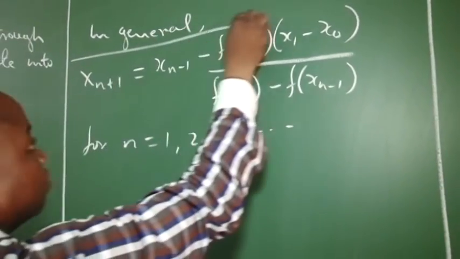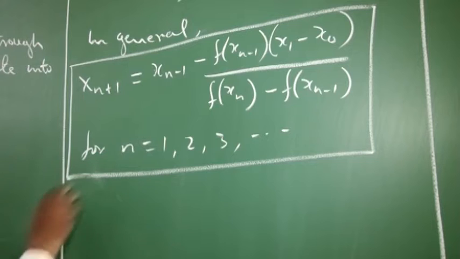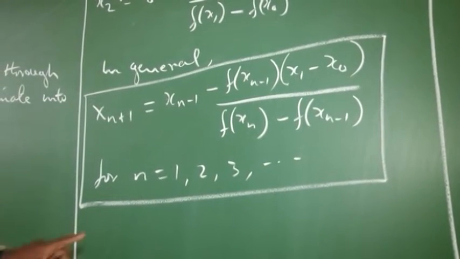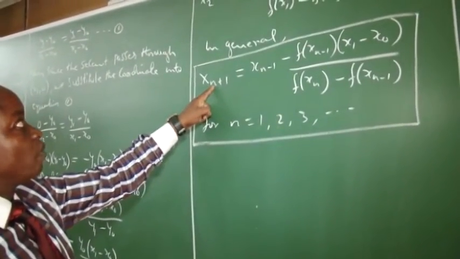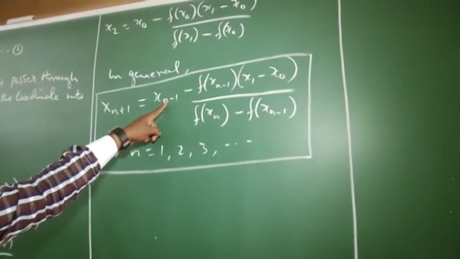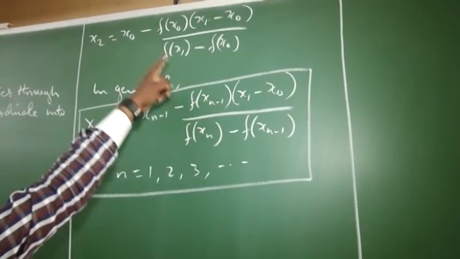So this becomes the second formula for iteration. N starts from 1, 2, 3. So by the time we have n is 1, we come back to x2. When n is 1, we have 1 minus 1, which is x sub 0.